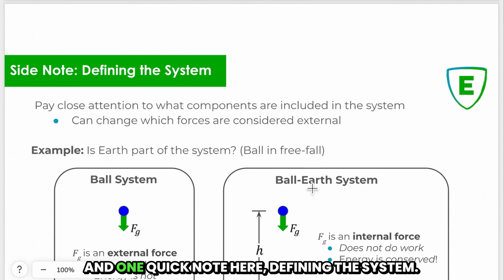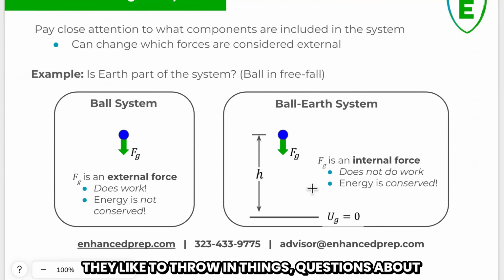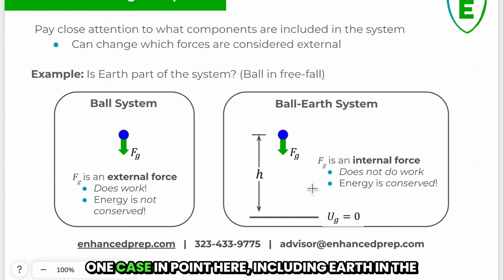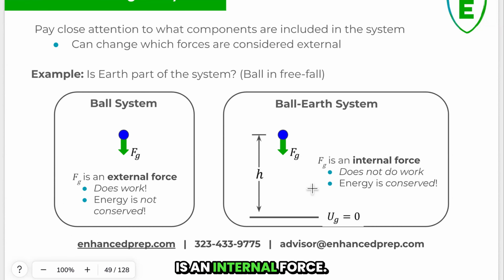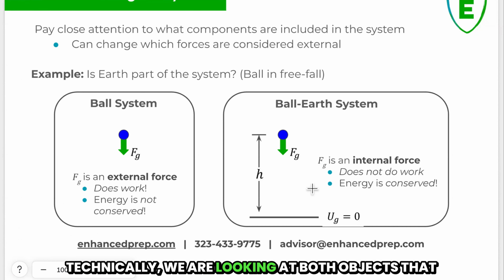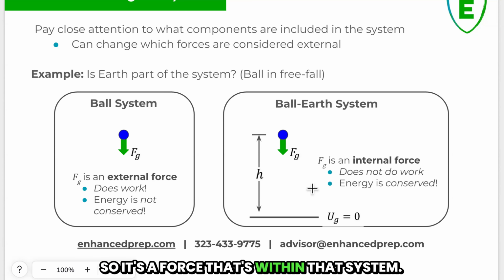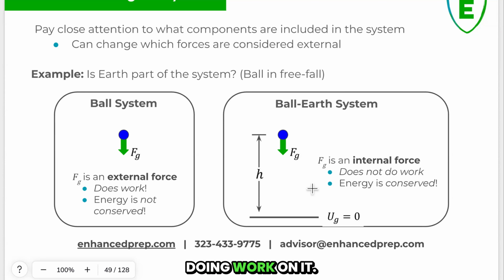All right, and one quick note here: defining the system. They like to throw in questions about systems where they might mention one object but not another. One case in point here is including Earth in the system. When they include Earth, then the gravitational force is an internal force. Technically, we are looking at both objects that exert the force, so it's a force within that system. Energy is going to be conserved. It's not really doing work on it.